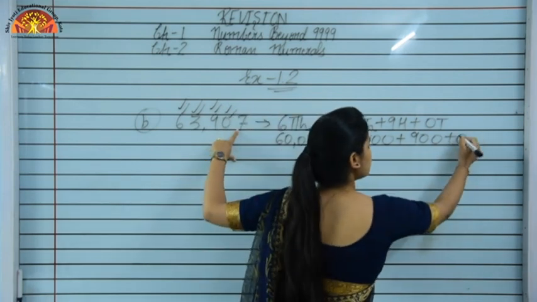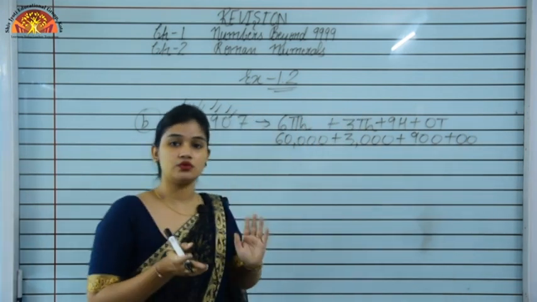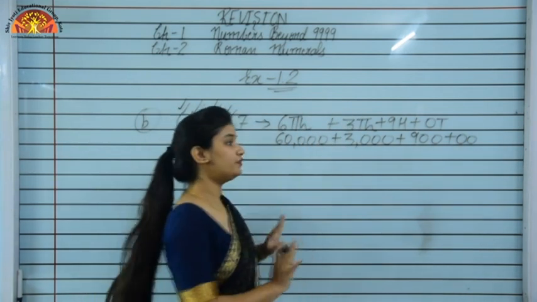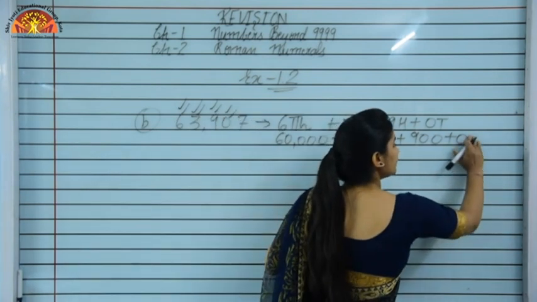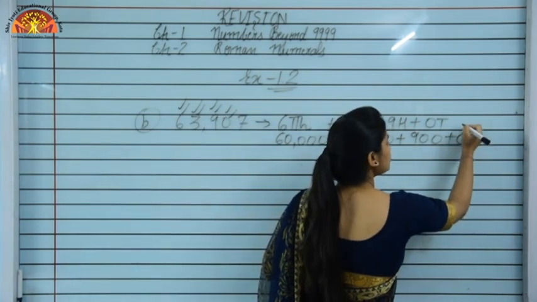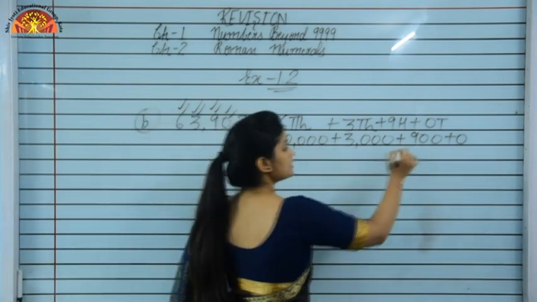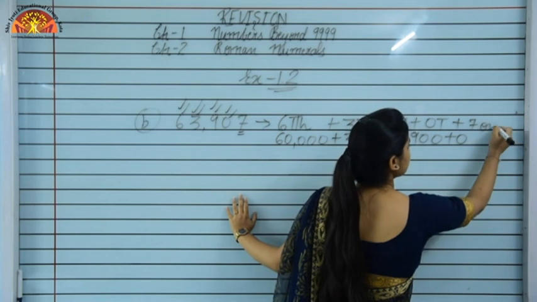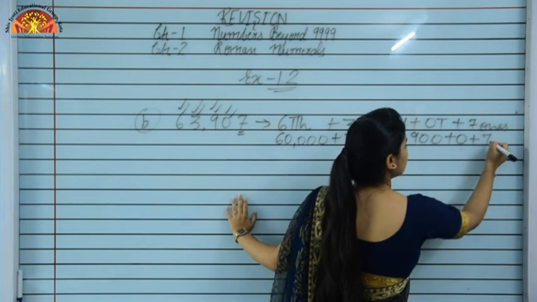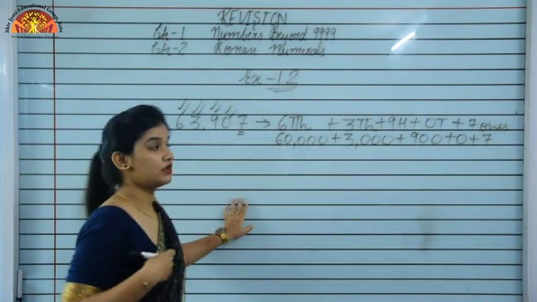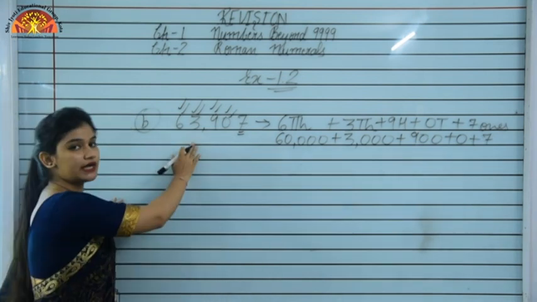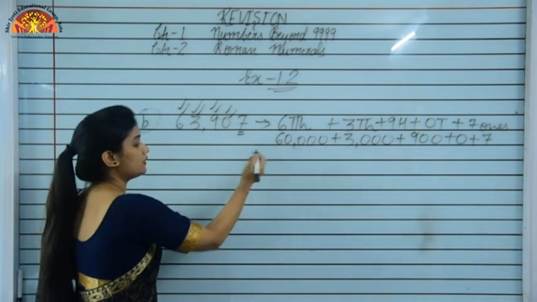We can write 0 0, but if we are writing 0 0 0 or only a single 0, the value will be 0 as it is. So we can write 0 only. Understood students? And the place value of this 7 is 7 ones. So we'll write 7. So in this way you can convert standard form to expanded form.